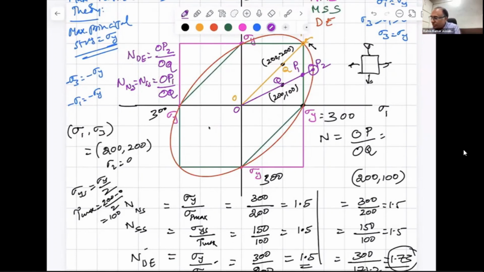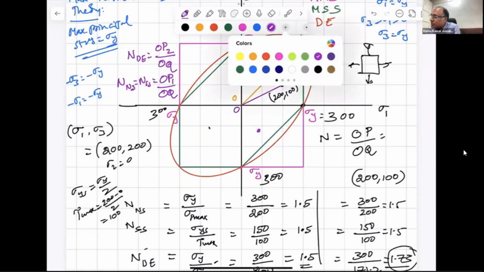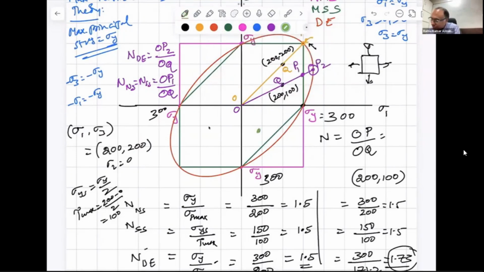Can you see that? Suppose I am looking at this particular case, let us say the stress state is here, then I need to draw the line like that. Sorry, I have not completed the line properly. So this is my Q. Now if you carefully observe, this is my P1, P2 and P3.